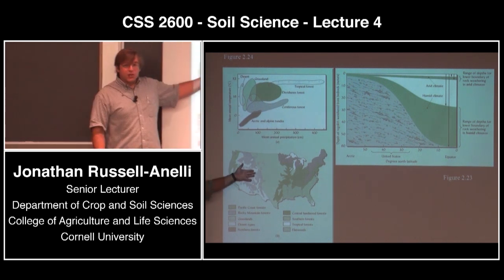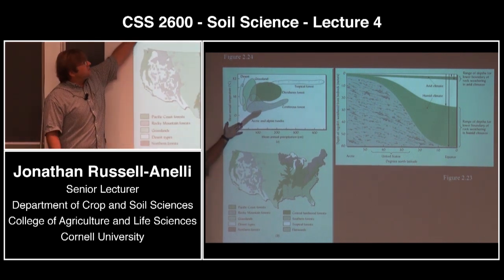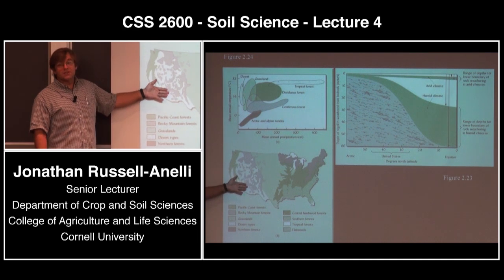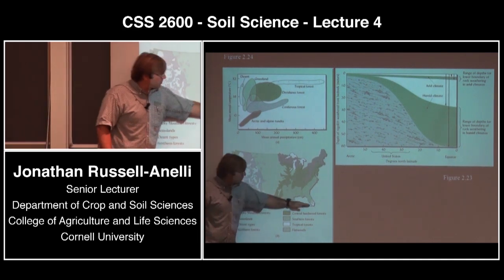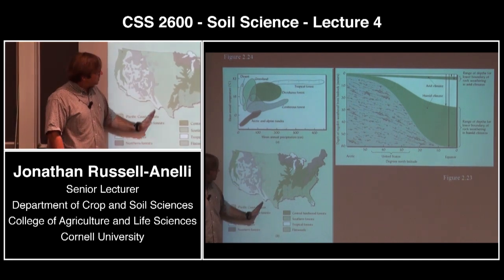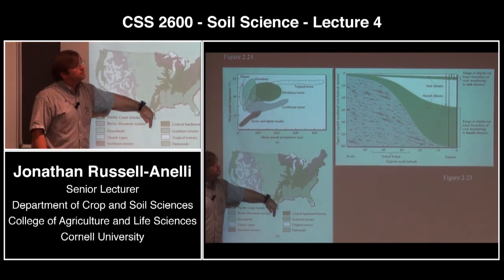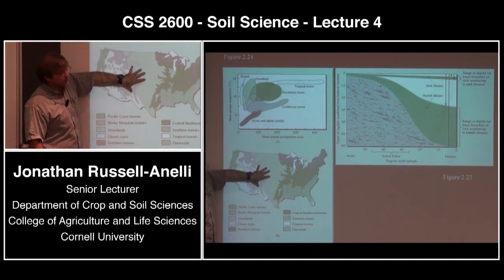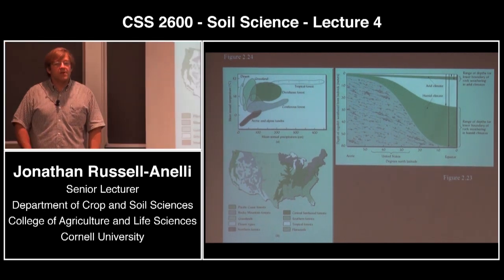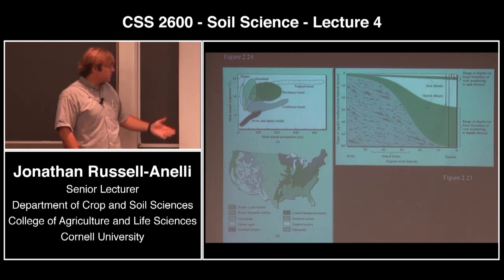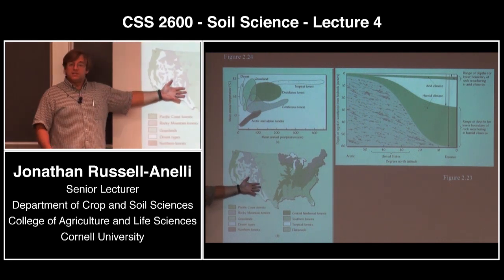Okay? We can look at the continent. This is basically the same graph, except in a different type of image. You can see the same thing: precipitation increasing this way, temperature increasing this way. You can sort of modify it and place it like this. And here it is, the distribution of these environmental types. And as a result, you're going to see different types of soils.